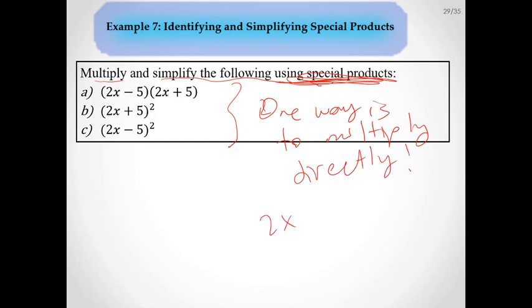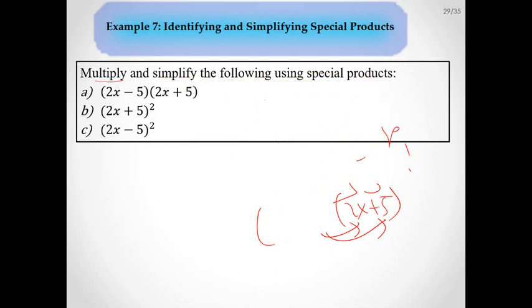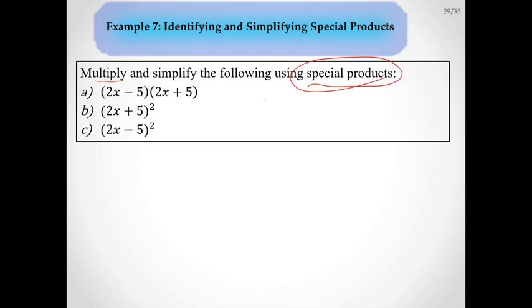So it means 2x minus 5 and 2x plus 5. So directly do this multiplication. But it says use special products, so I will try to use them.